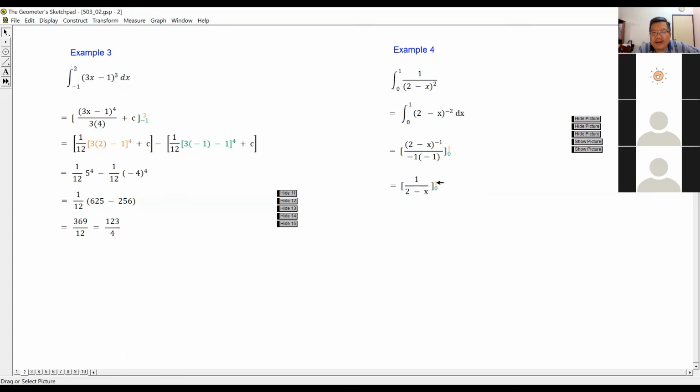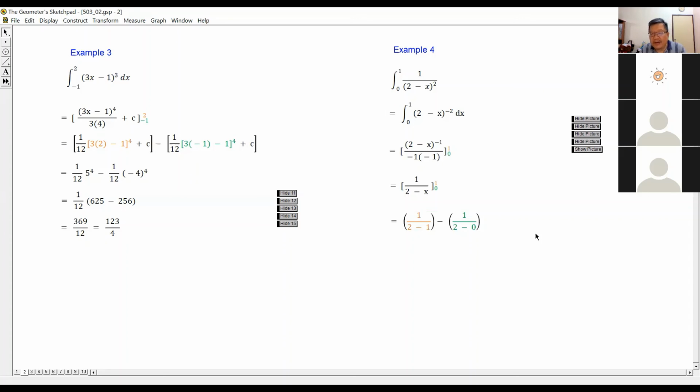The first number, -1, you substitute, you create one bracket. The second number, 0, you substitute inside, you create another bracket. Then you use the first bracket minus the second bracket. How is it? Like this. Very nice. 1/2 minus 1.